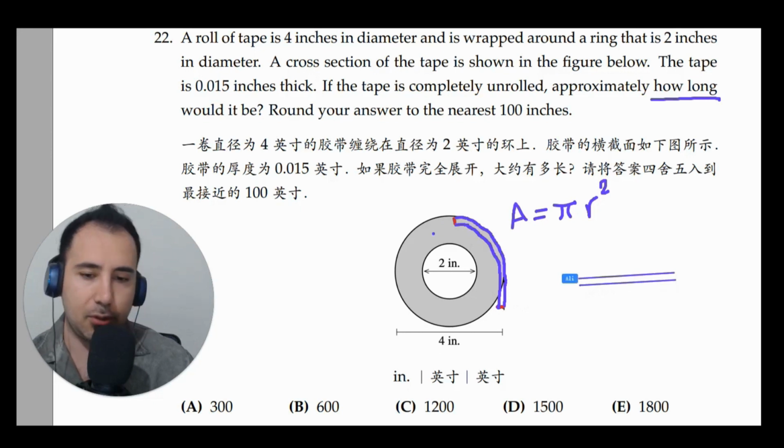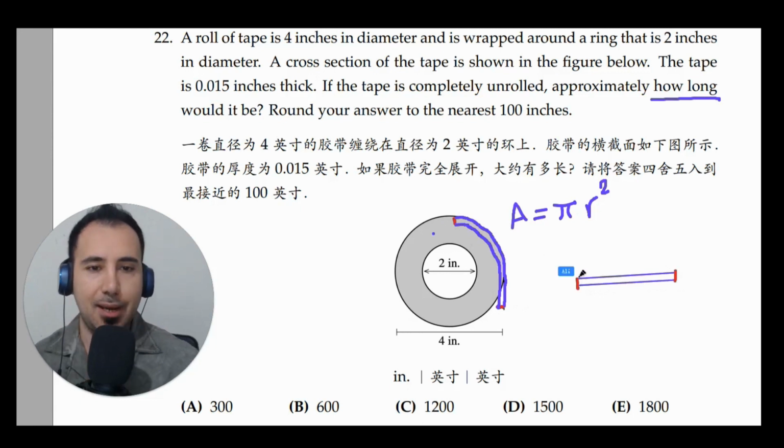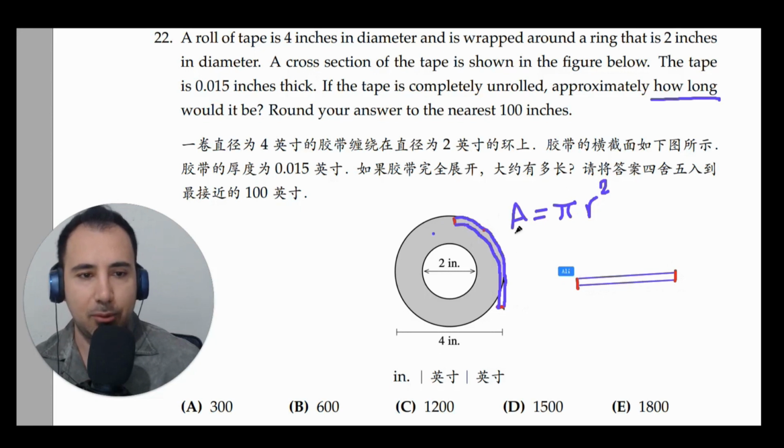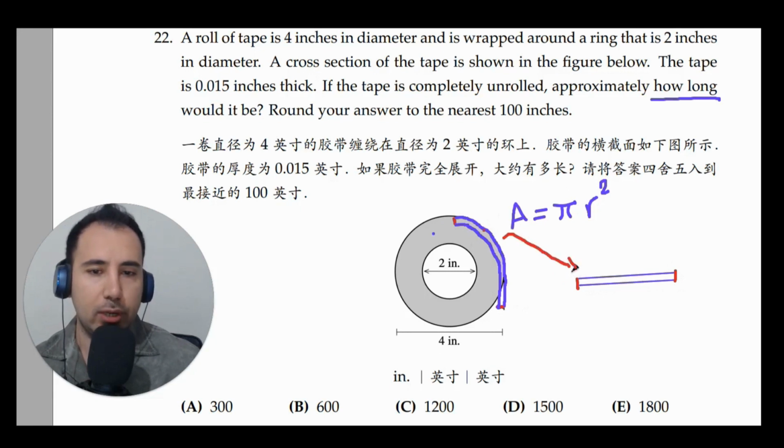Okay, the purples are turning into purple and the red ones are turning into red. So look what happened here. This amount is equal to a rectangle, and the red ones are matching. The red one in both cases would be 0.015 and 0.015.